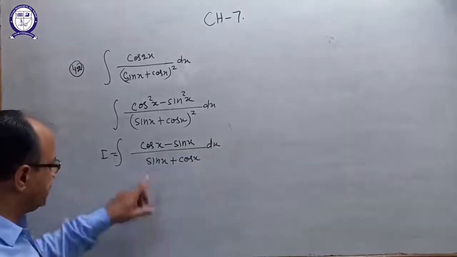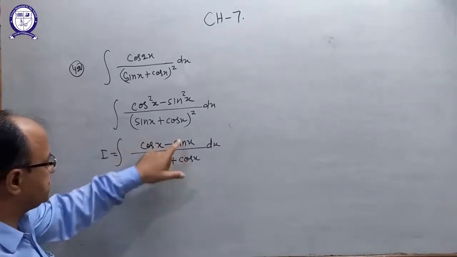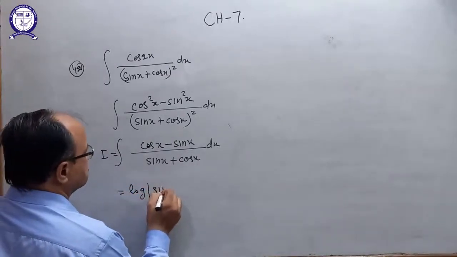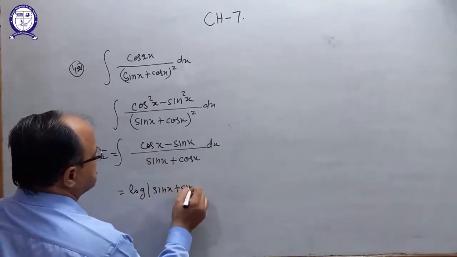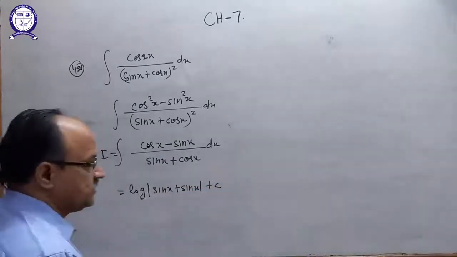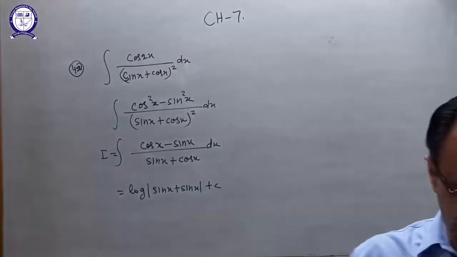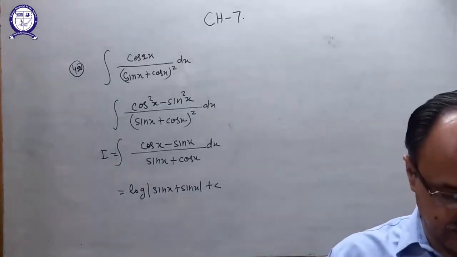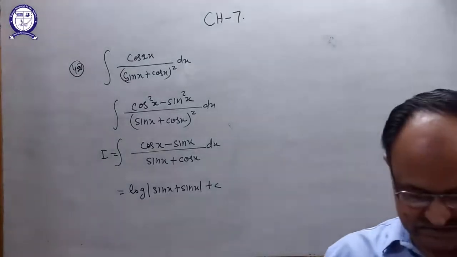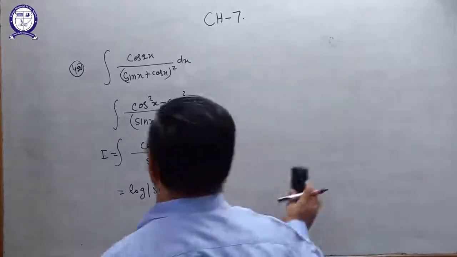The derivative of sin x is cos x, the derivative of cos x is minus sin x. So the answer of this question is log of sin x plus cos x plus c. This is a direct answer. If the derivative of the denominator is present in the numerator, then directly you can write log of f of x. Clear? This is question number 42.